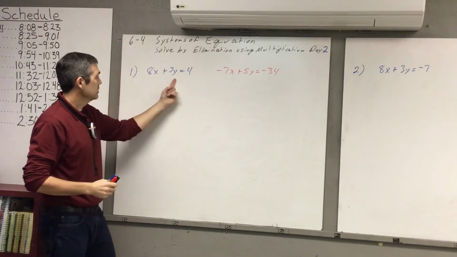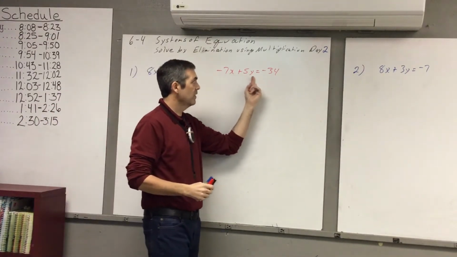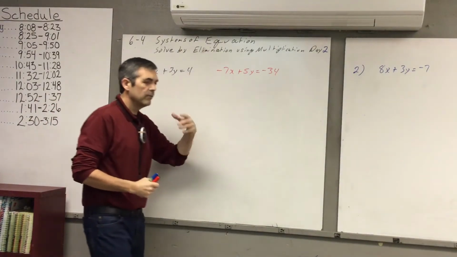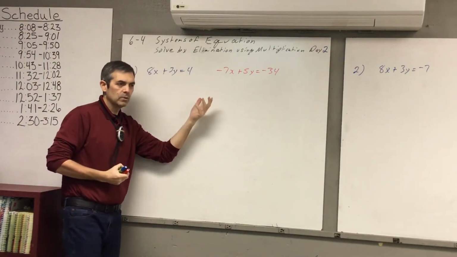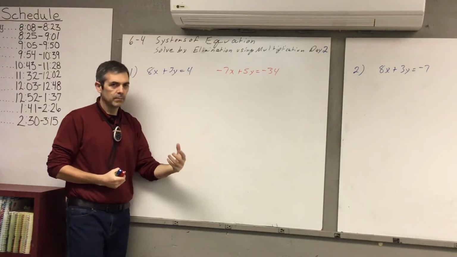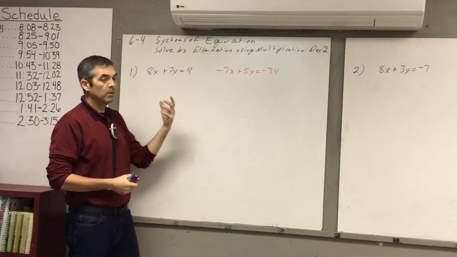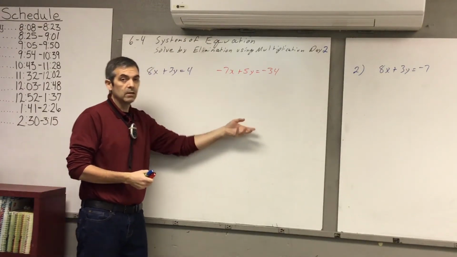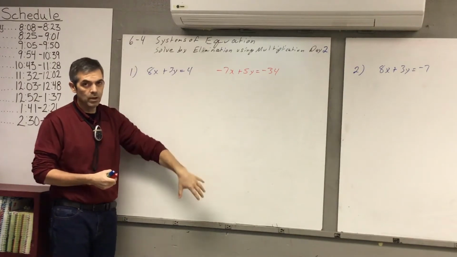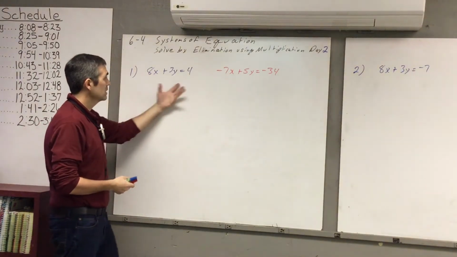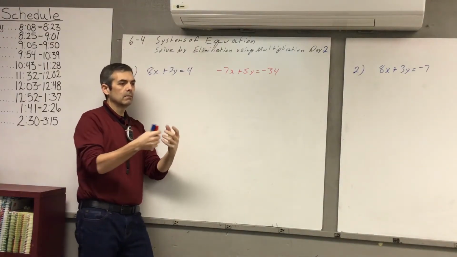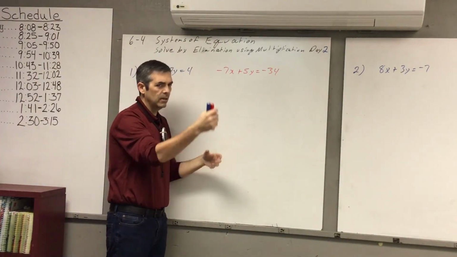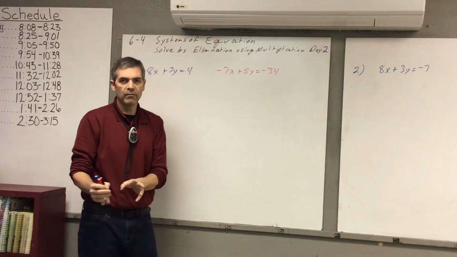Look, 8x plus 3y equals 4, negative 7x plus 5y equals negative 34. If you notice, there's nothing I can line up that's going to eliminate nicely. And there's nothing I can multiply just one side by that will get rid of either the x or the y. So we've got to decide what I can multiply each equation by that will allow me to get rid of one of our variables.